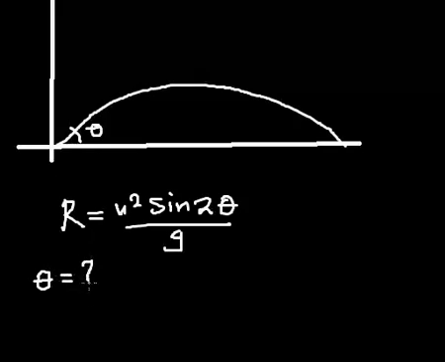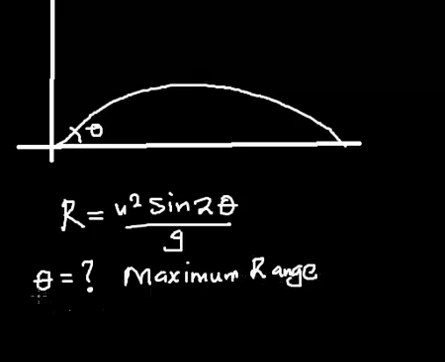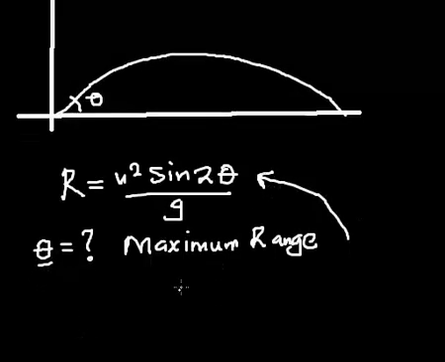Now there are some questions they will ask you. At what angle of projection do you think you are going to have the maximum range? At what angle of theta do you get a maximum range? If we check it by this formula, the only angle of theta that will give sine 2 theta the maximum value is 45 degrees.